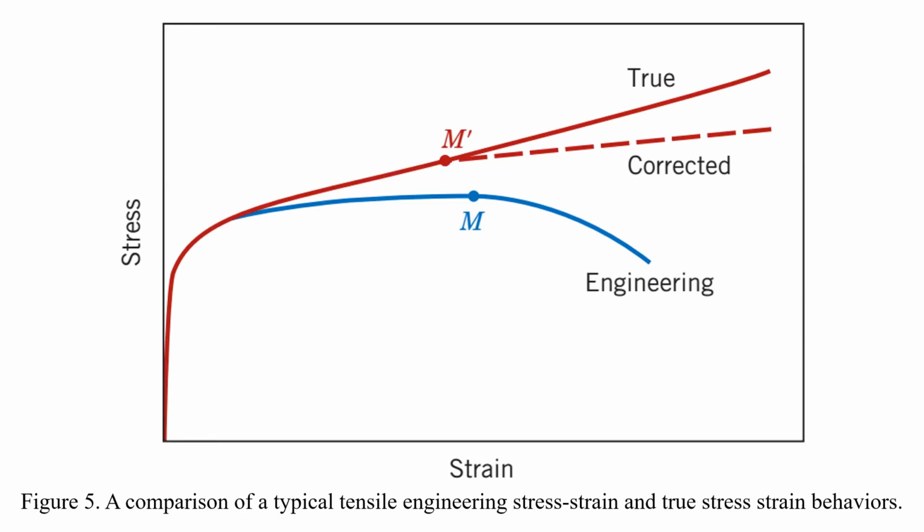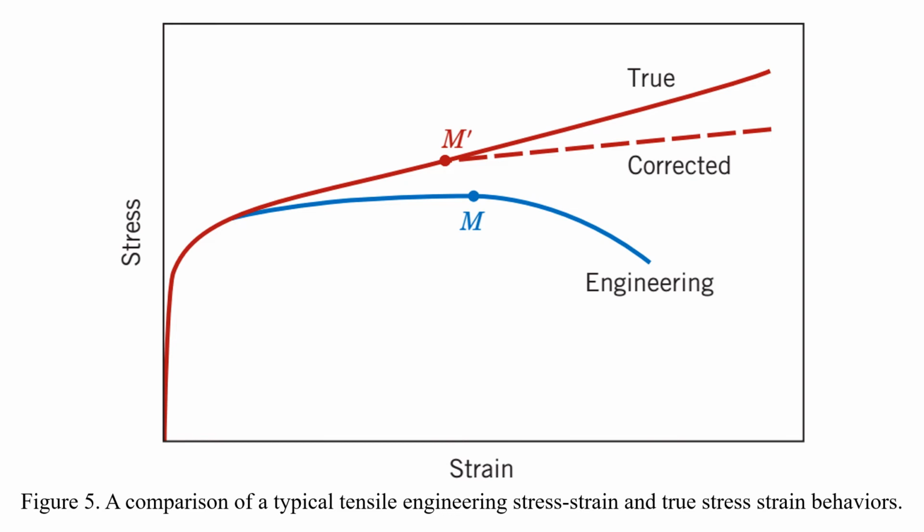True stress and strain. As shown in figure 5, the engineering stress-strain curve, which usually is obtained from a tensile test, suggests the material becomes weaker after strain passing the maximum point M. This is mostly caused by an experimental artifact.